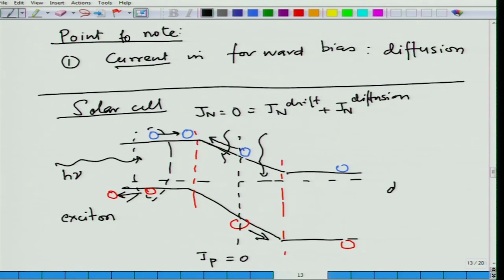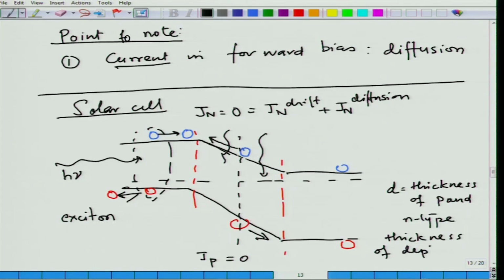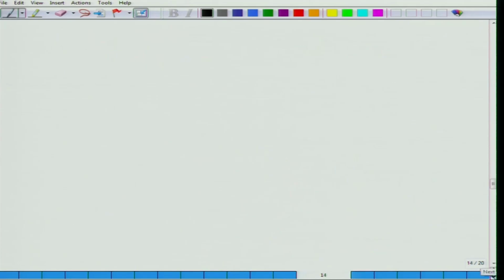So, the thickness of the p type material is going to be important, the thickness of the p and n type, and the thickness of the depletion zone is also important. So, this would be important from the solar cell point of view.